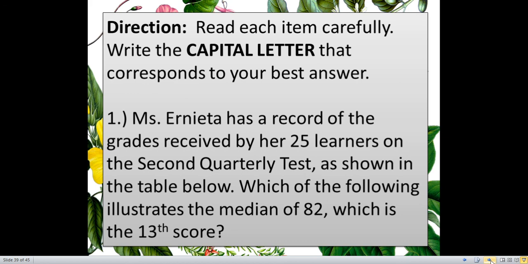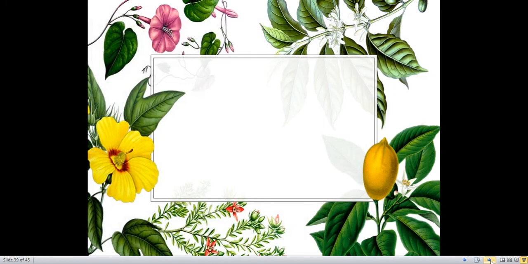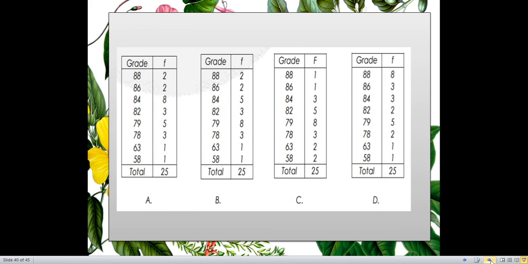As shown in the table below, which of the following illustrates the median of 82, which is the 13th score? Here are the choices. Just take a look at those tables, A, B, C, or D. Which is the right one?